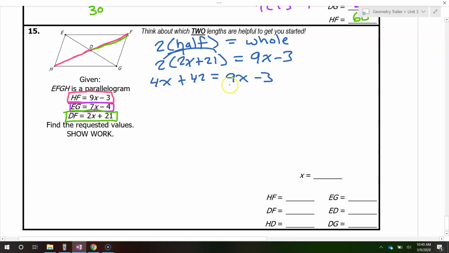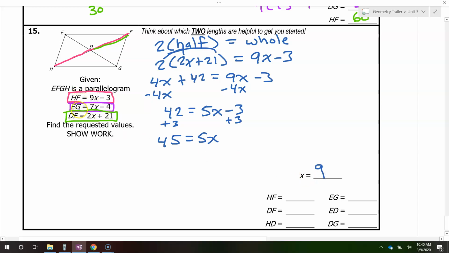I need to get these x's together, so I'm going to subtract 4x from both sides. And that's going to leave me with 42 is equal to 5x minus 3. Then I would add 3 to both sides. I get 45 is equal to 5x, which gives me x equals 9.